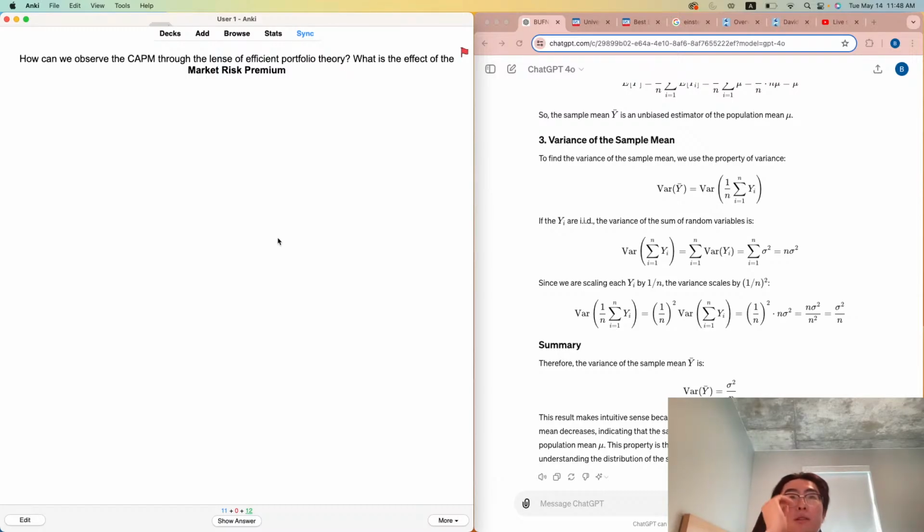How can we observe the CAPM through the lens of efficient portfolio theory? What is the effect of the market risk premium?